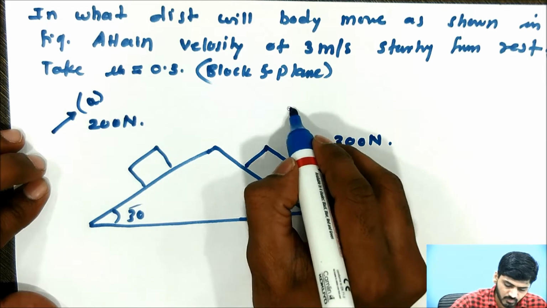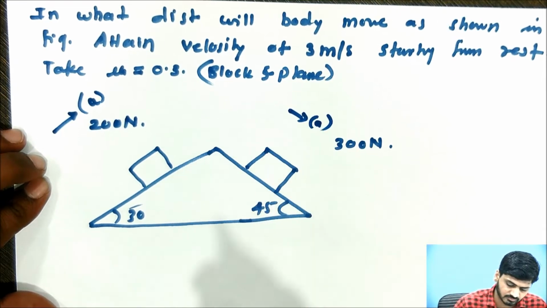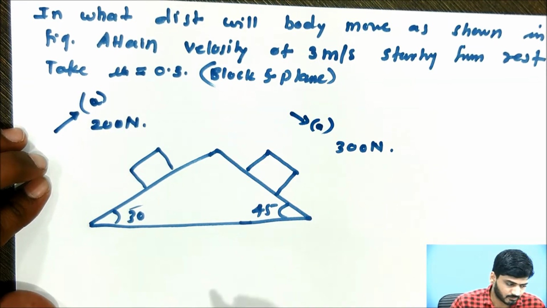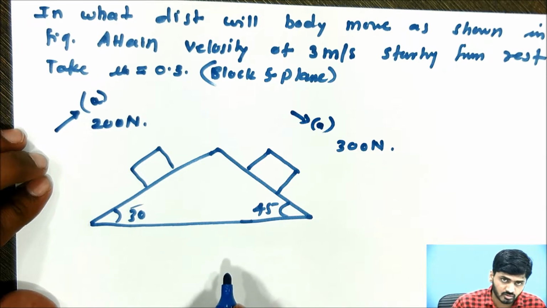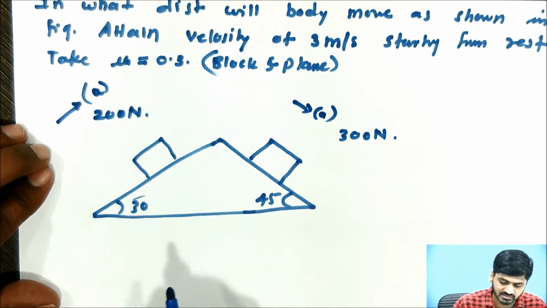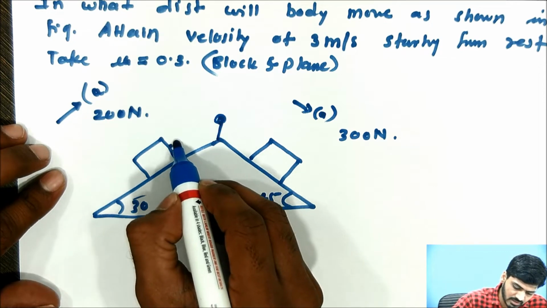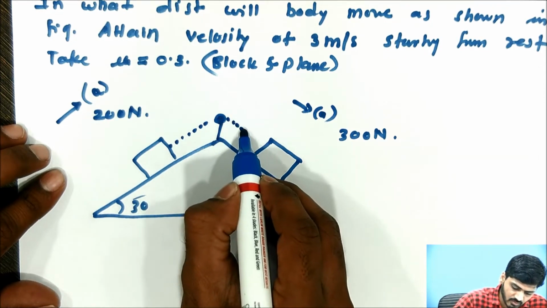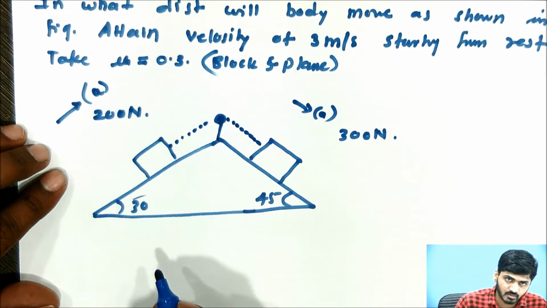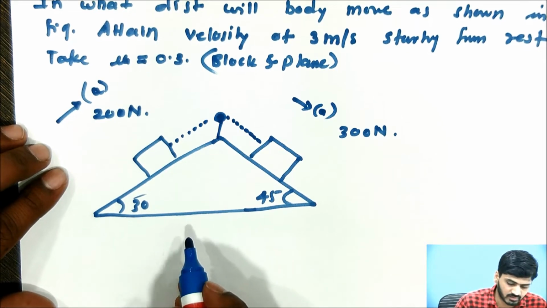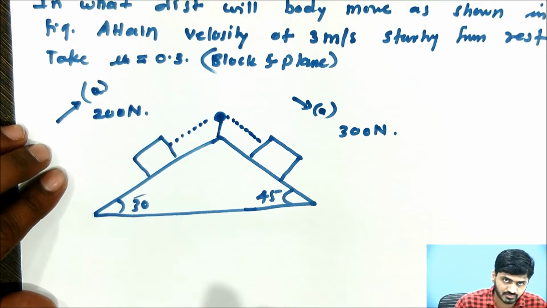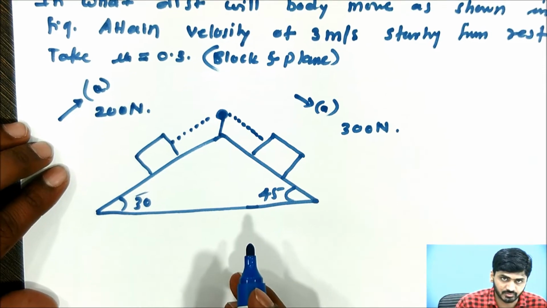The block moves in this direction, and for this particular block you may identify the distances. Here we are considering a small pulley. So it's your duty to identify the reactions by using the energy principle.